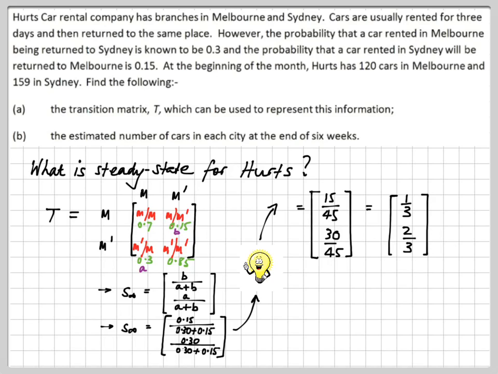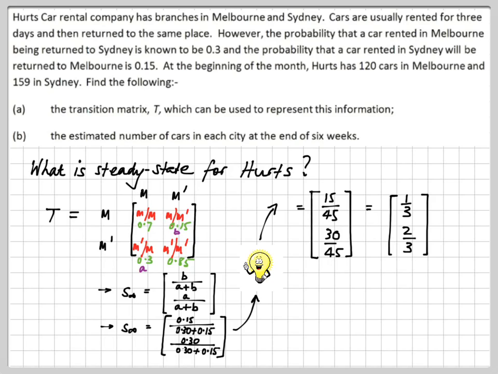That's it. Now, we're saying, ladies and gentlemen, that in the steady state situation, after many, many, many transitions, you'll have 1/3 of the cars in Melbourne and 2/3 of the cars in Sydney. Now, how many cars?